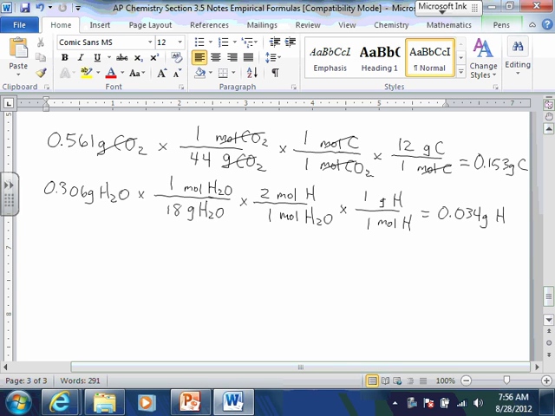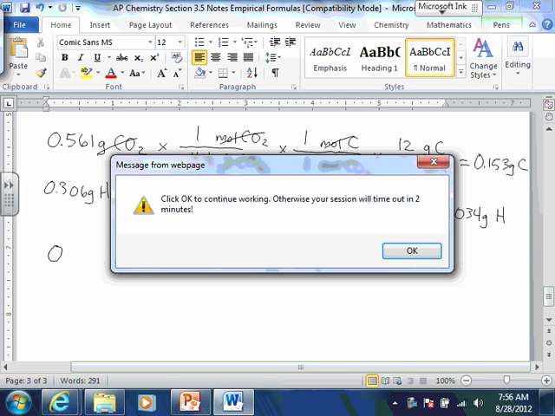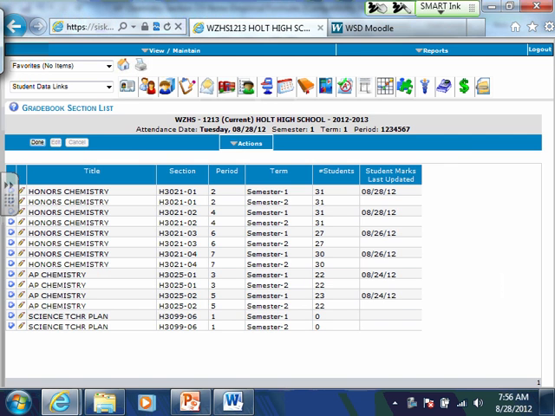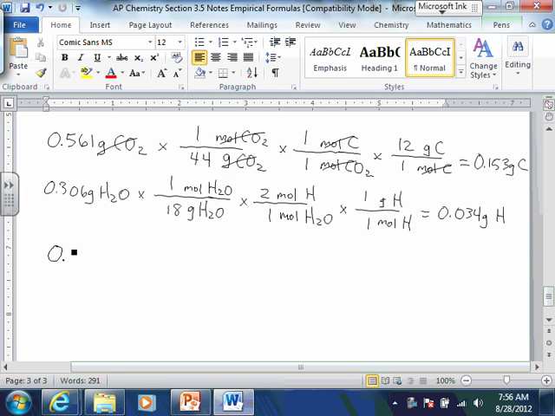The total isopropyl alcohol that we combusted was 0.255 grams. Sorry about that. 0.255 grams of the isopropyl alcohol. Okay, that's the total. Now, if we subtract the carbon and the hydrogen from that, 0.153 plus 0.034, that's going to give us our mass of our oxygen.